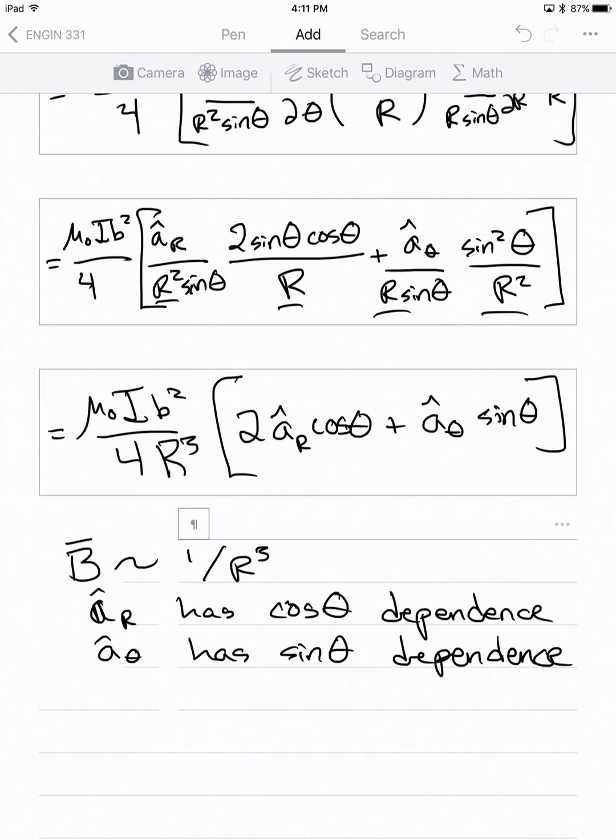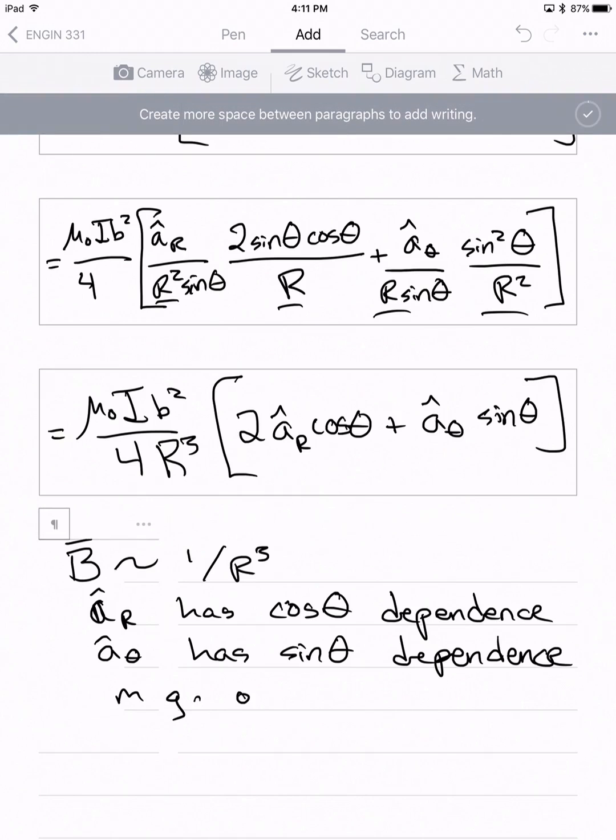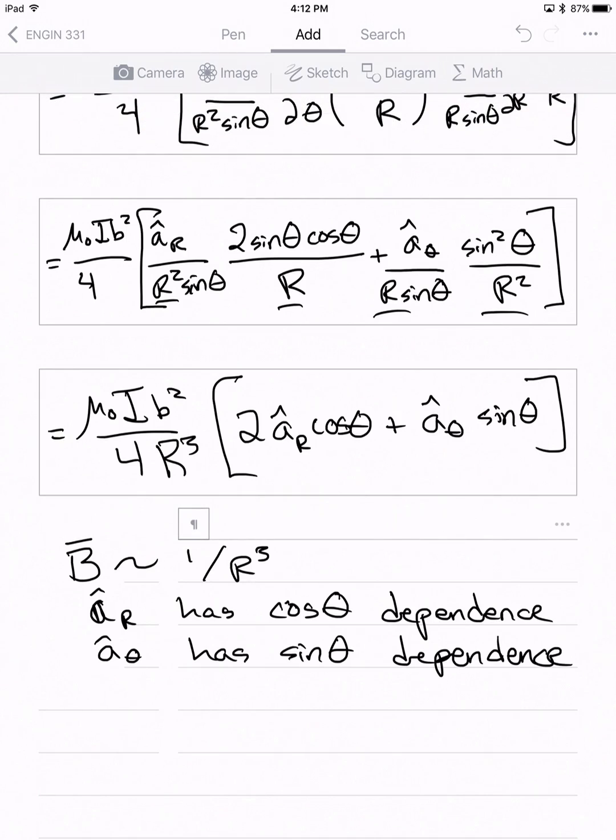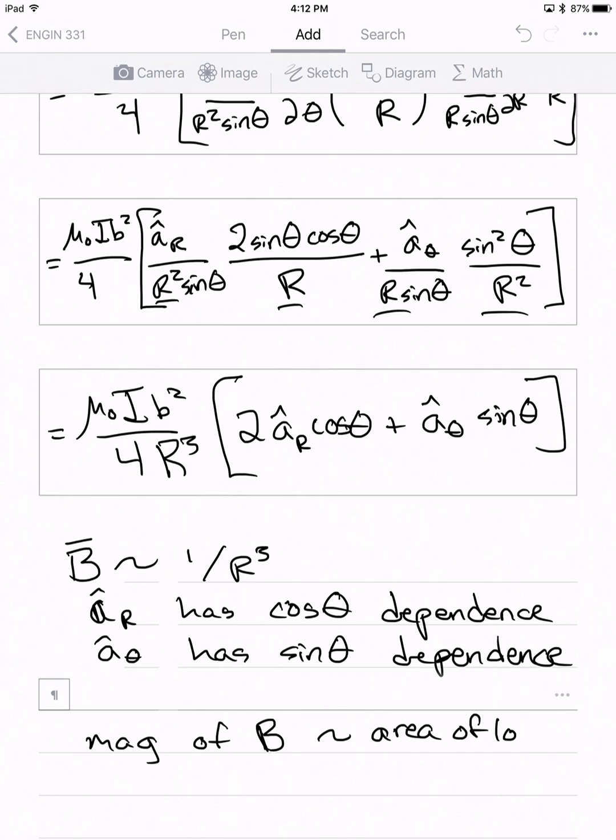Also, the magnitude of the magnetic field is proportional to the area of the loop. So that's b squared.